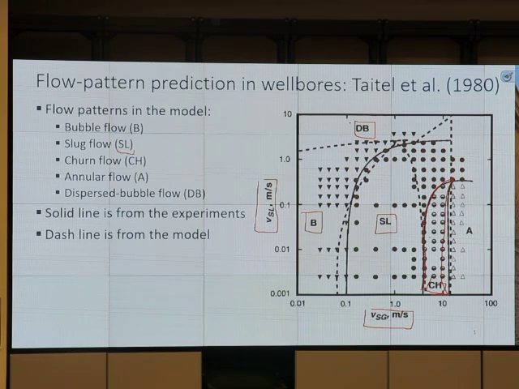Han, Kai Ho, what is the difference between dispersed bubble flow and bubble flow? B and DB, what is the difference? What is the main difference between those two flow patterns?